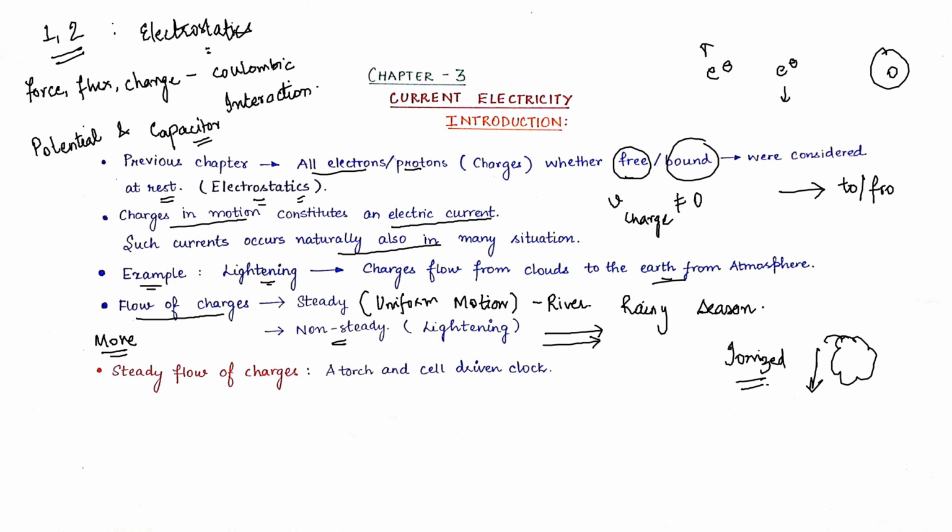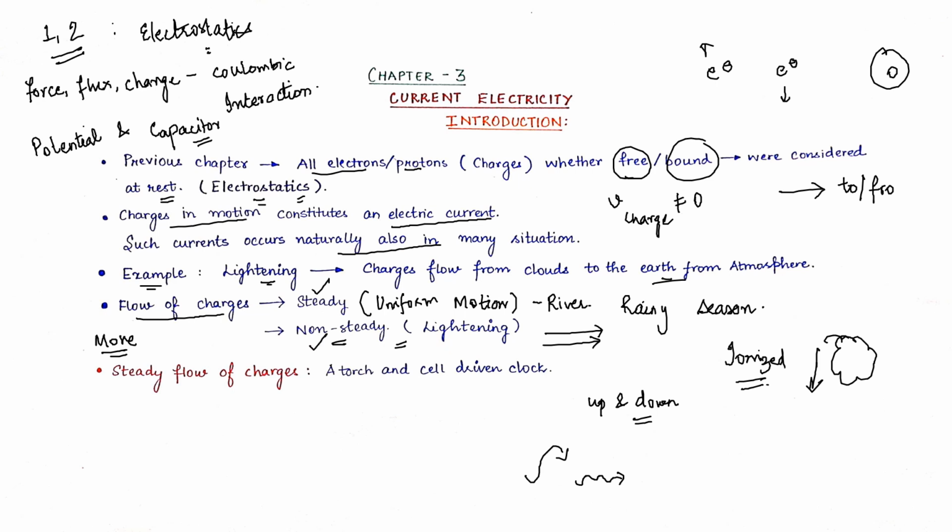Oceanic waves, however, are up and down. They are not uniform. Sometimes a wave comes with extremely high intensity and sometimes the wave is very low. So that is non-steady. With the example of river water and ocean water, we can understand the steady state of current and the non-steady state of current.